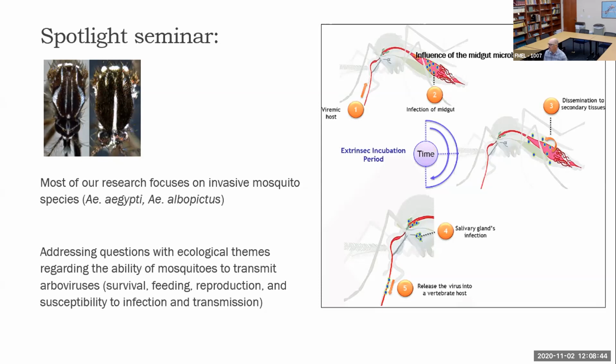And these invasive mosquitoes that occupy containers are some of the most important transmitters of arboviruses, especially those that we're seeing emerging in the last 10 years. My group addresses questions, usually with ecological themes, regarding the ability of mosquitoes to transmit arboviruses.